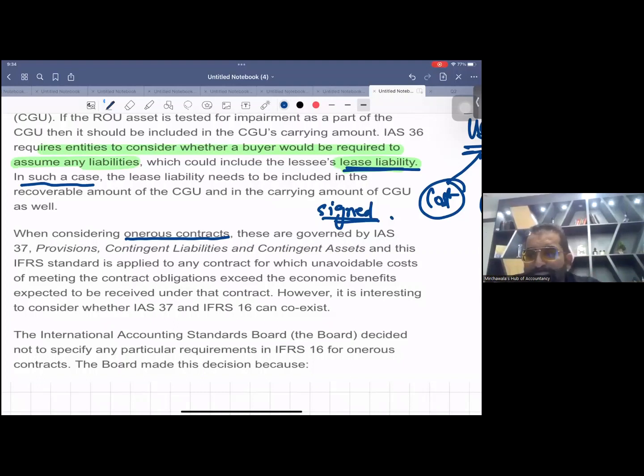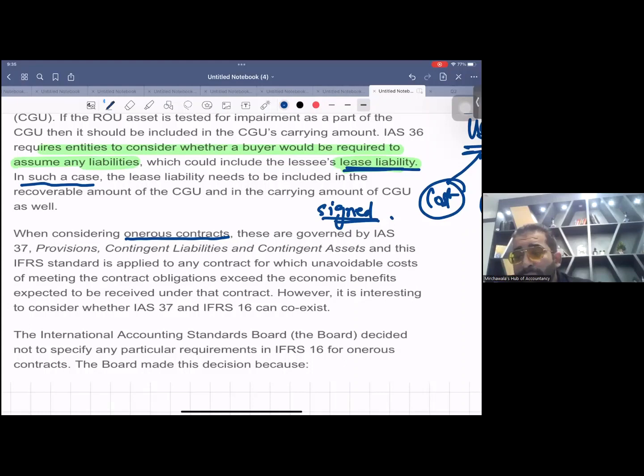Whenever you find such onerous contracts, IS 37 says you have to book the provision for that onerous contract. You make the entry: P&L debit and provision credit.